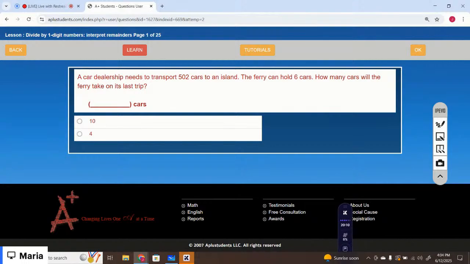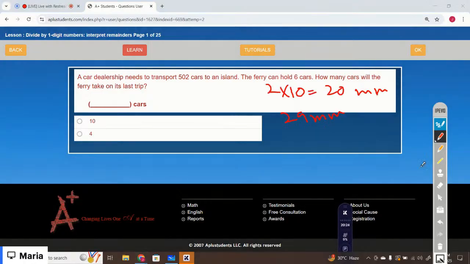A car dealership needs to transport 502 cars to an island. The ferry can hold 6 cars. How many cars will the ferry take on its last trip? So 502 divided by 6. 6 times 8 is 48, and 50 minus 48 is 2.